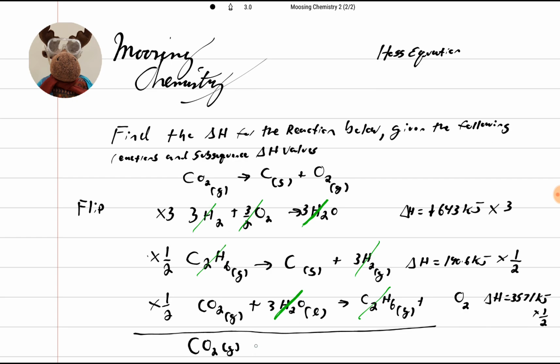And then that's going to yield C solid, plus O2 gas. So we made our equation.